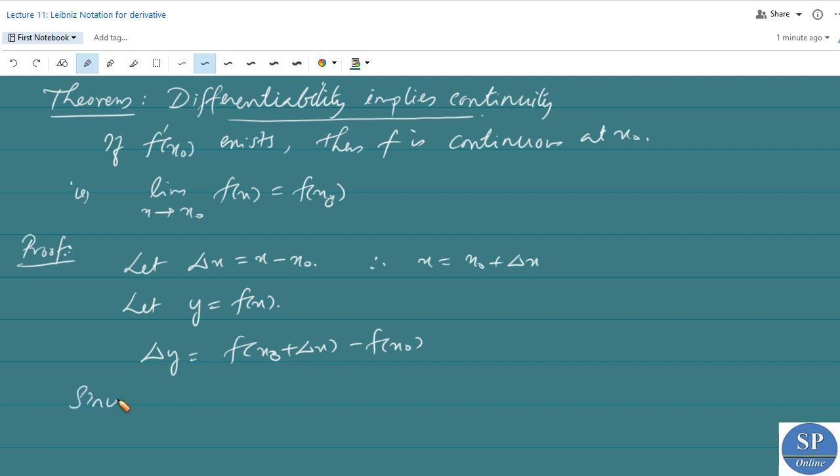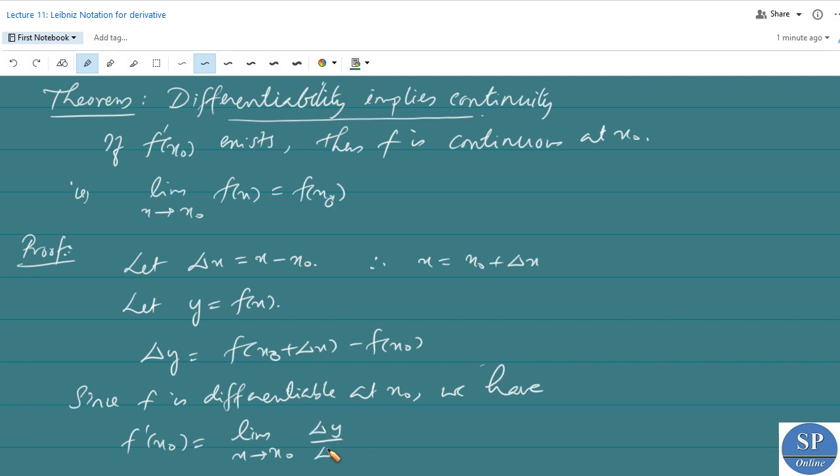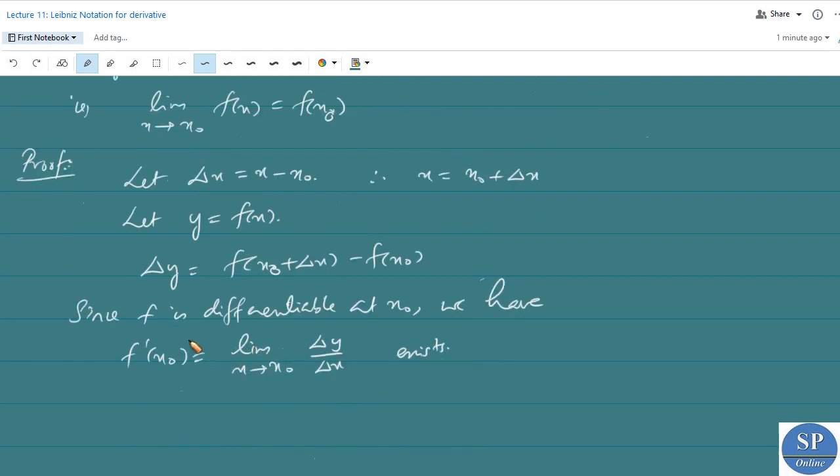Now, since we are given that f dash of x naught exists, that is, f is differentiable at the point x naught, we have f dash of x naught equal to the limit as x tends to x naught of delta y divided by delta x, and this limit exists because f is differentiable at x naught, which is given in the statement.